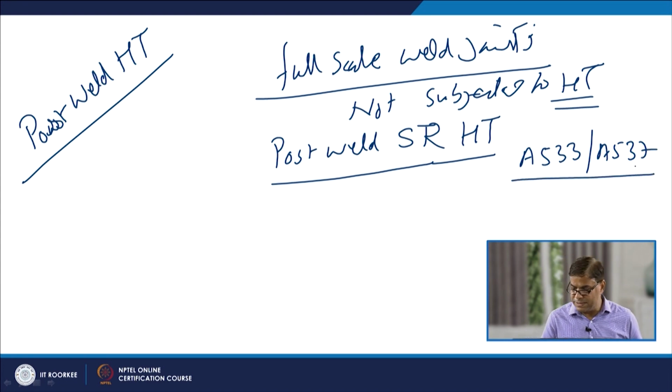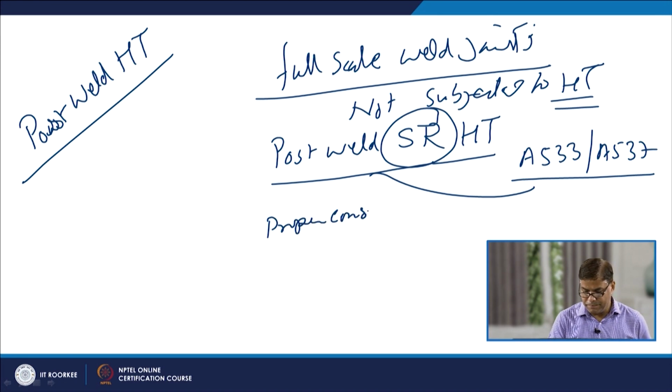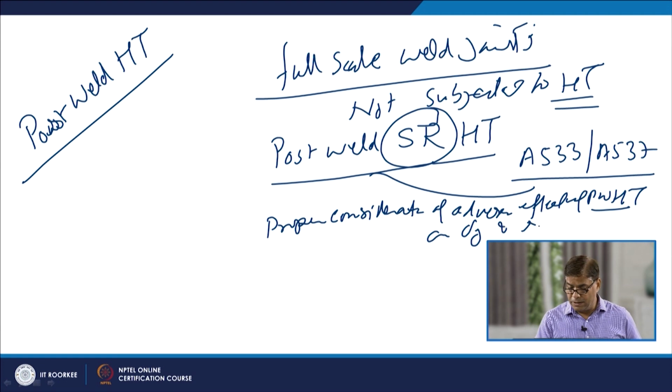Under some circumstances they are given the post weld heat treatment in order to reduce the residual stresses, but before giving any such kind of stress relieving heat treatment, proper consideration of adverse effects of the PWHT on the yield strength and notch toughness must be considered, so that the mechanical performance of the joint is not compromised because of such post weld heat treatment.